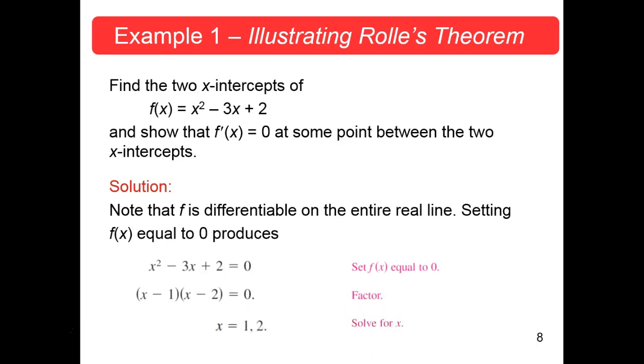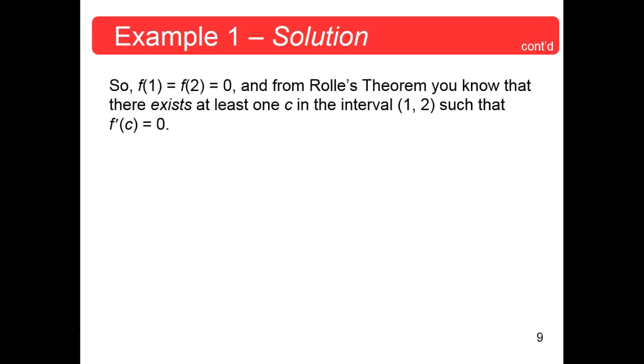Those are the two x-intercepts. So f of 1 is equal to f of 2, both equal to 0. And from Rolle's theorem, there exists at least one c on the interval 1 to 2 such that f prime of c is equal to 0.